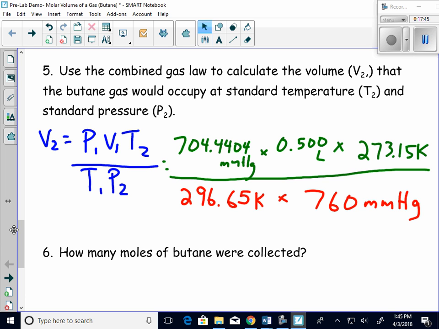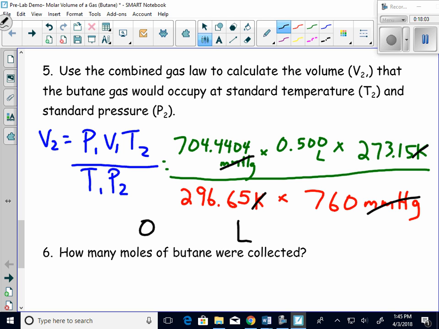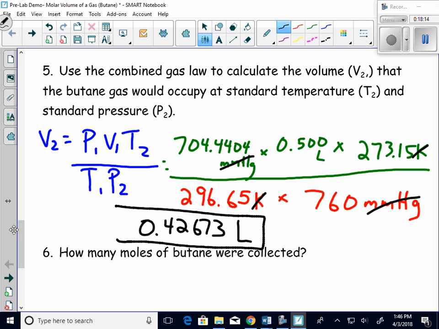If I go through, I have Kelvin on the bottom, Kelvin on the top, millimeters of mercury, millimeters of mercury. So my label here is going to be liters. When I do my calculations, I come up with a value of 0.42673 liters.